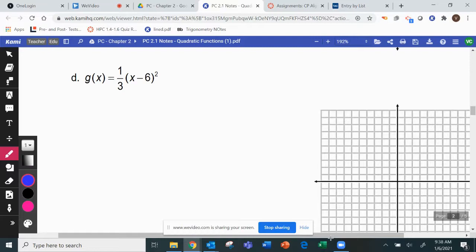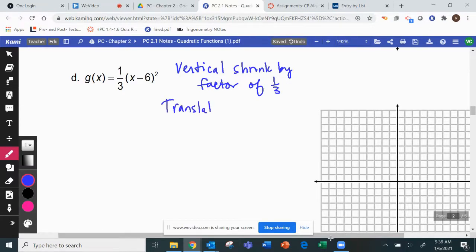That is going to be a vertical shrink by a factor of 1/3. And then the -6 on the inside is going to be translate 6 units to the right.